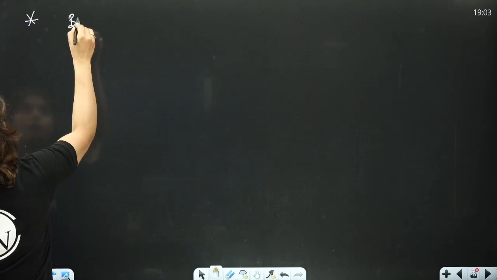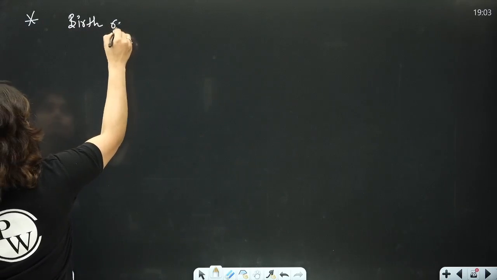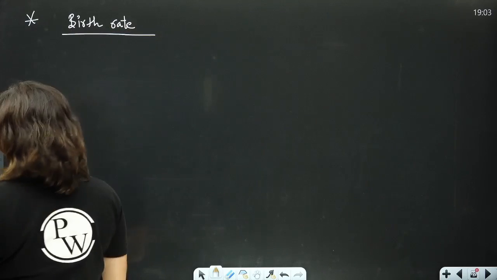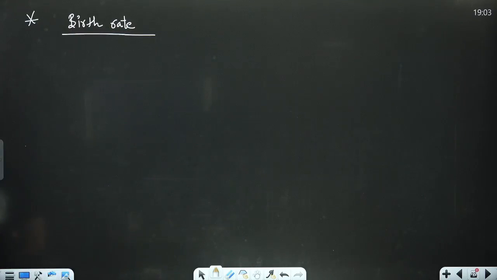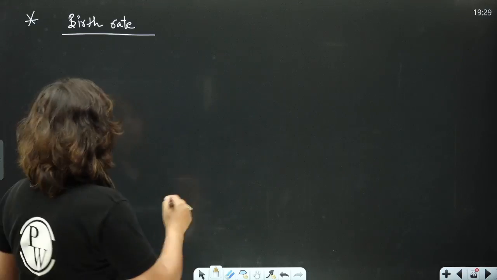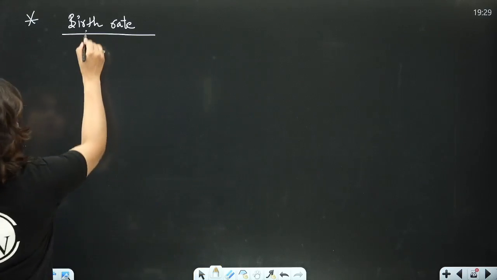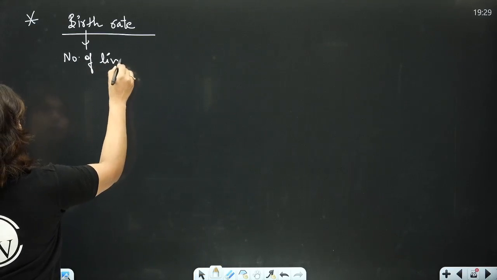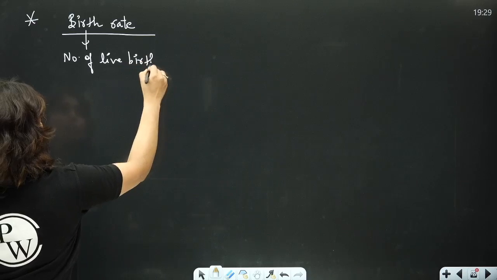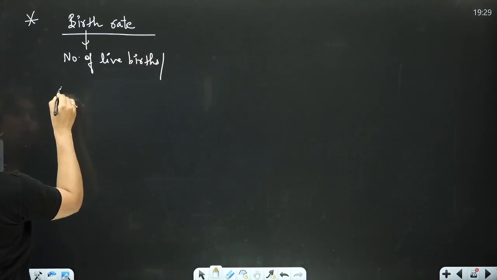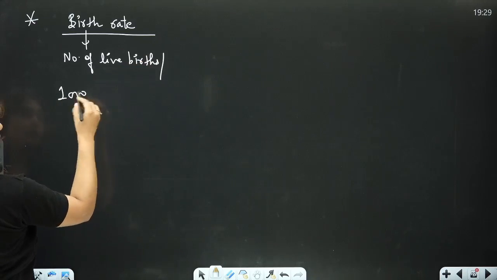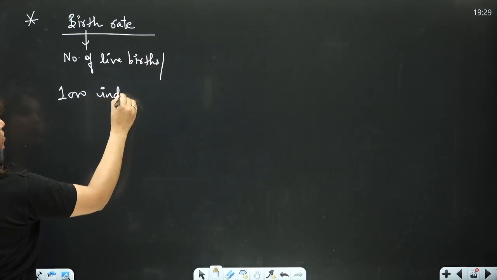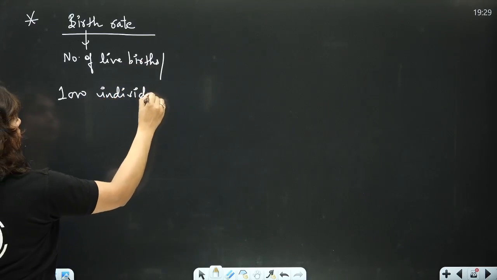First of all, let's take the birth rate. So what is birth rate? Birth rate is the number of live births per 1000 individuals in a year.